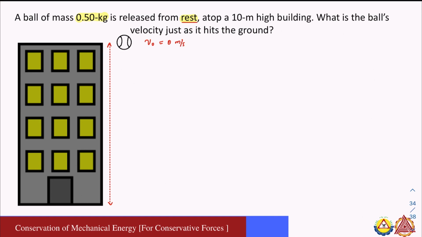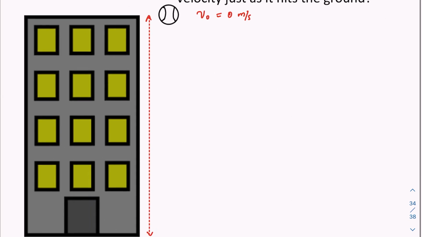The problem asks you to find the ball's velocity just as it hits the ground. Since we are going to approach this problem first using the conservation of energy, central to solving conservation of energy is to consider points.